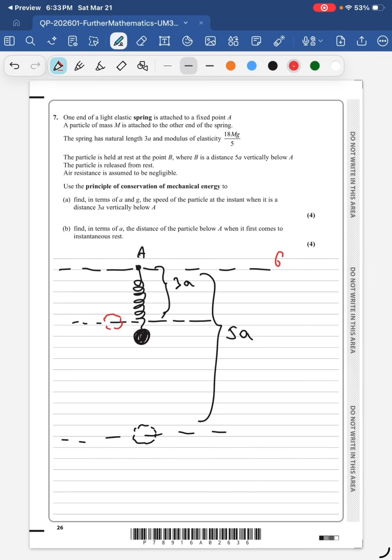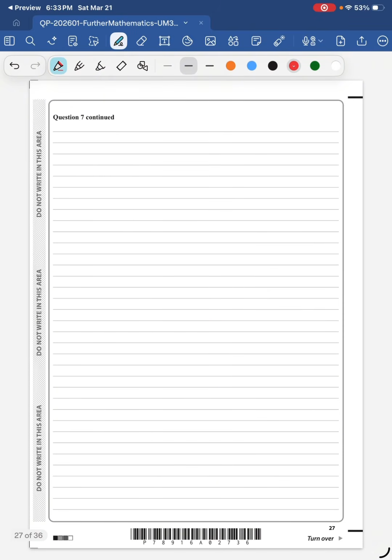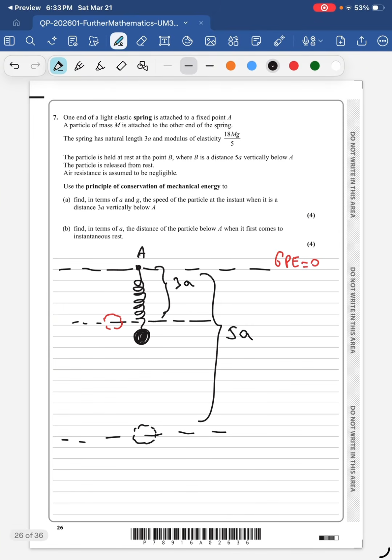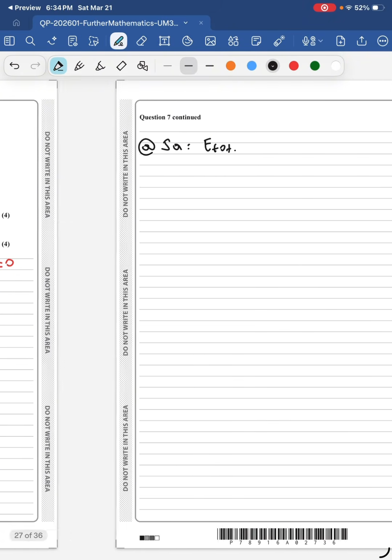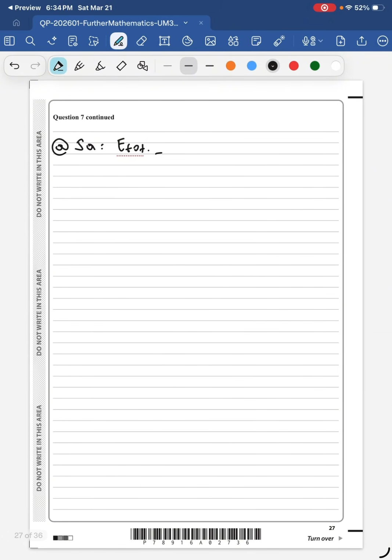So we take the gravitational potential energy to be 0 up there, to make things simple. So let's start writing things down. At 5a, when the spring is extended all the way here, the total energy is going to be lambda x squared over 2L plus mgh.